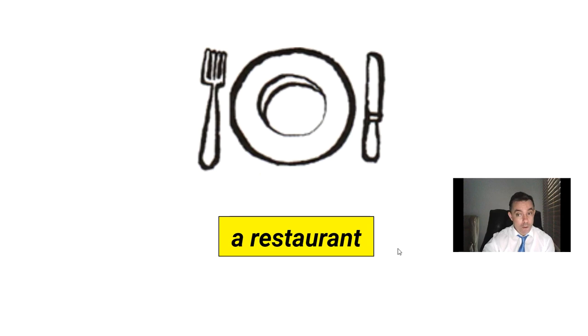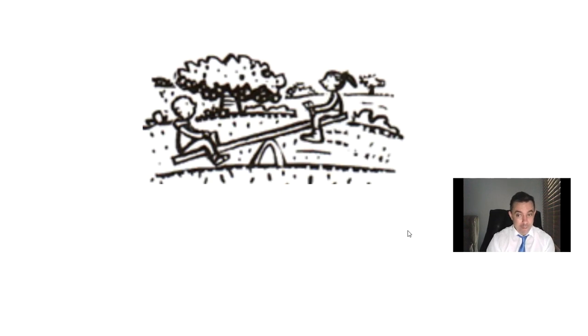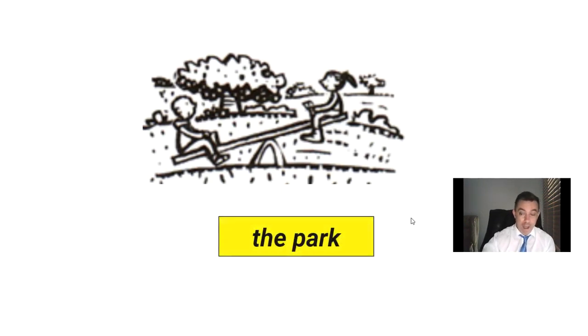Repeat after me. A restaurant. What place could this be? The hospital. Notice the hospital. That article is important. Okay. What place is this? At the park. The park.